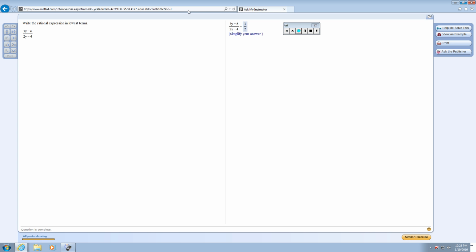All right, so the problem says rewrite with rational, just simplify 3y minus 4 over 2y minus 4. First thing you do is factor out a common term.